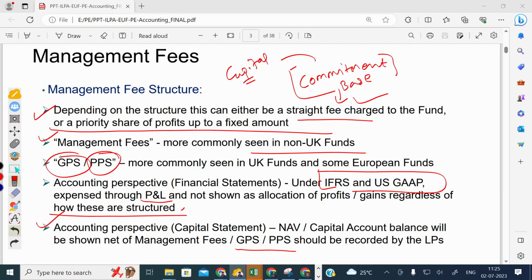You can see this structure in the European market and elsewhere. Normally you would see a general partner and limited partners structure, where management fees come into the picture automatically. So note down their full forms, GPS and PPS.